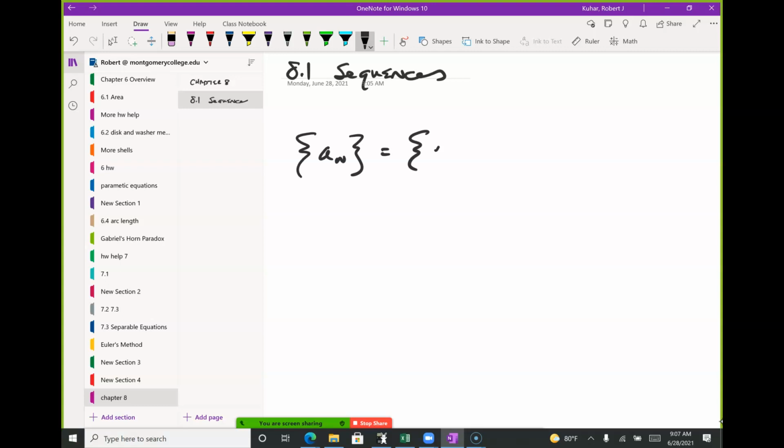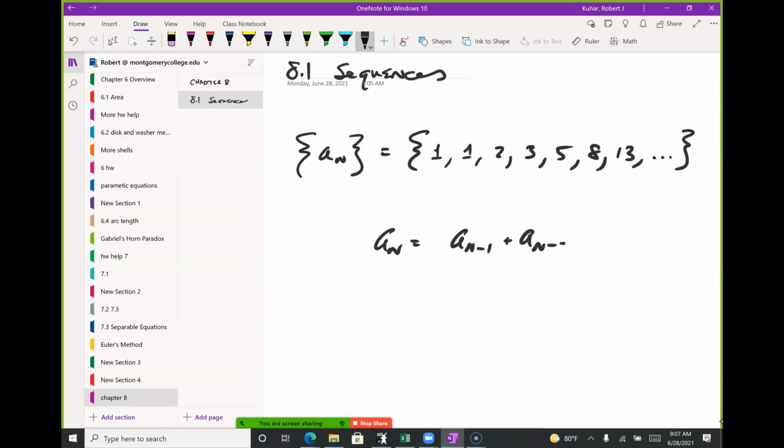So I'll do the Fibonacci sequence: 1, 1, 2, 3, 5, 8. Right? Anybody know what comes next? 13. Yeah, 13. So I'm just adding the next two numbers together, right? Next would be 21, right? And so I can see A sub n as A sub n minus 1 plus A sub n minus 2.